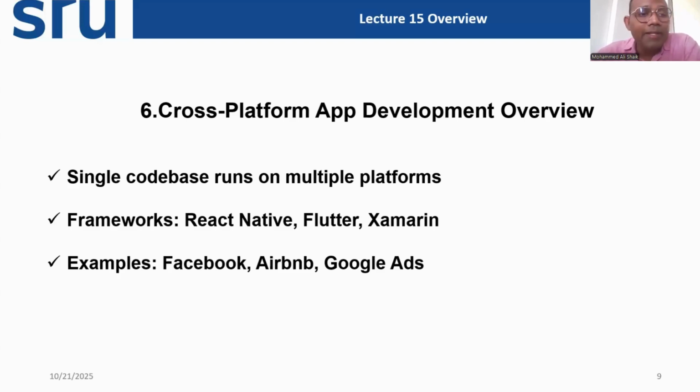And we have Xamarin, which is Microsoft-based, with languages like C# and .NET integration. For example, Facebook is one among them, Airbnb is another one, Google Ads is one, Skype is another one. These are some examples of cross-platform framework implementations.